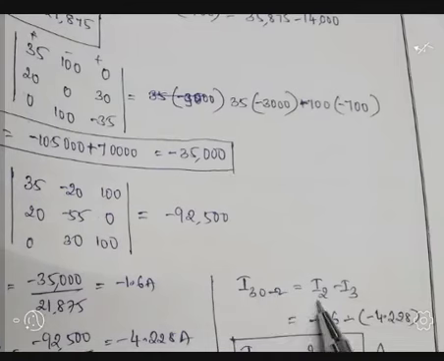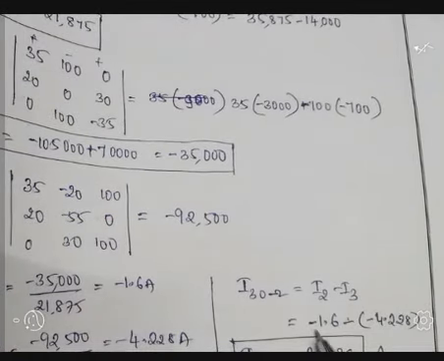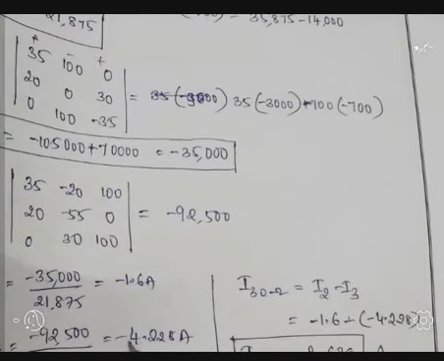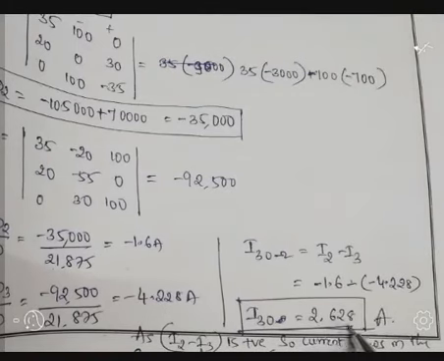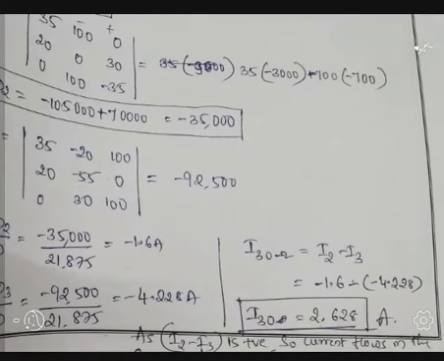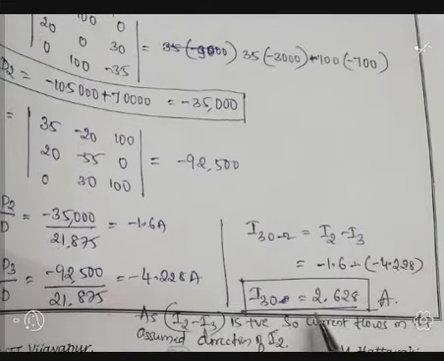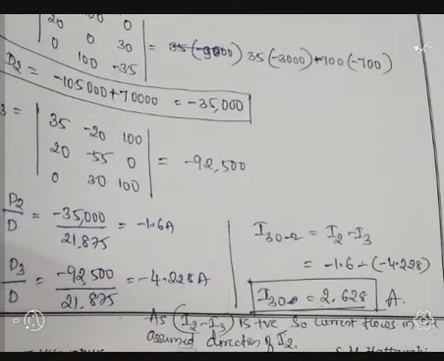Hence, the current I30 ohm is calculated as I2 minus I3, that is minus 1.6 minus of minus 4.228, and the answer is 2.628 amperes. As I2 minus I3 is positive, the current flows in the assumed direction of I2. If you get a negative answer, it is the opposite direction. So this is about loop analysis.